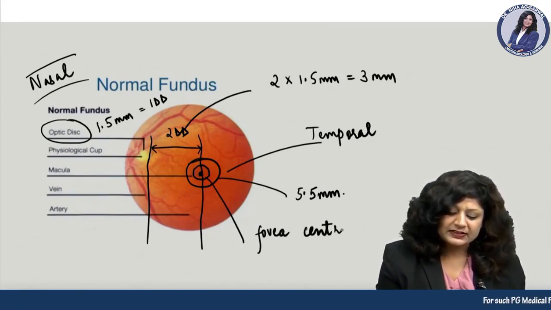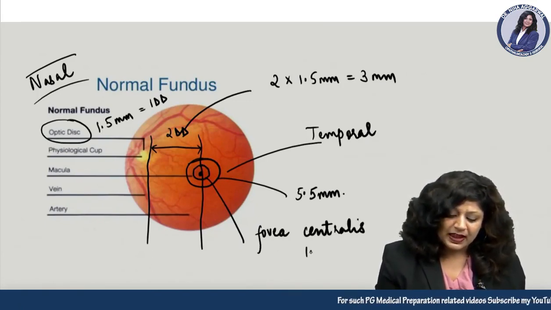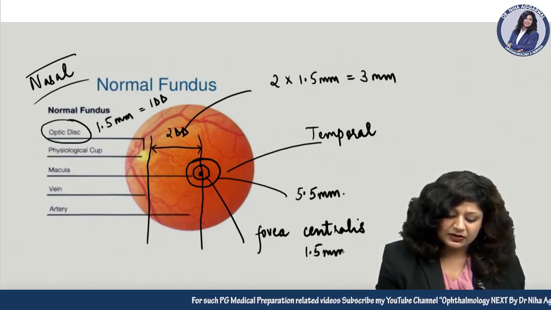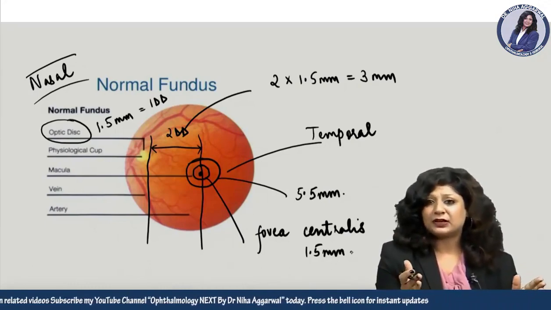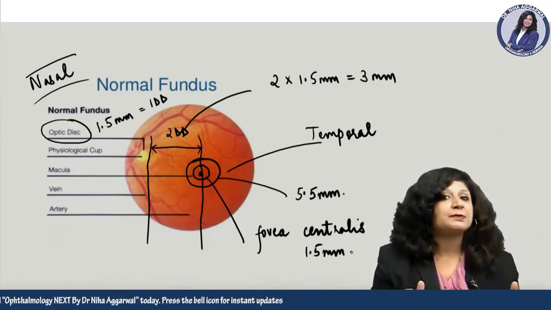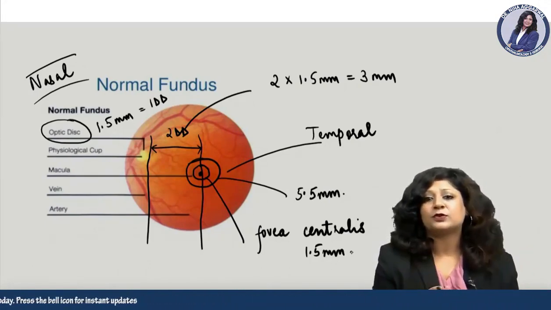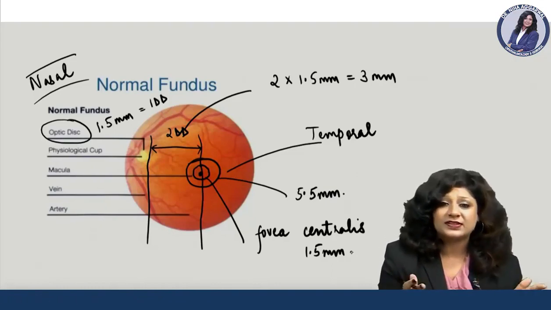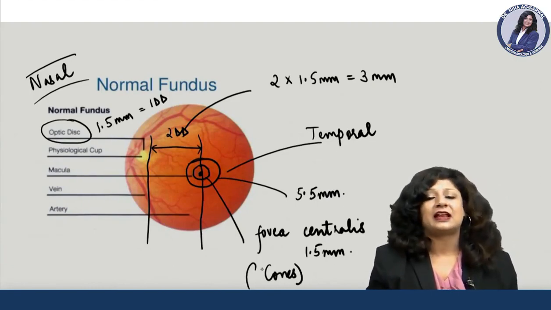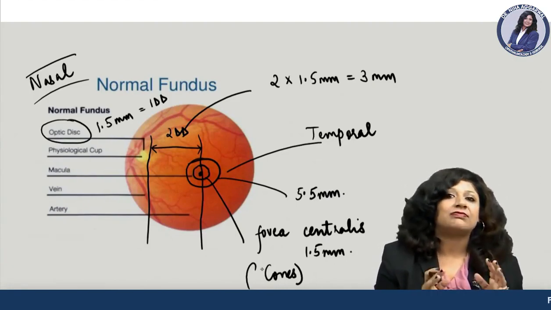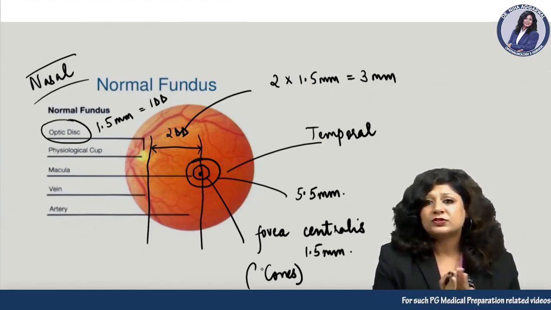Fovea centralis is again important, having 1.5 mm diameter, because this is the most sensitive part of the retina. The sharpest image of the object is formed on the fovea centralis. Now what's the reason? The reason is that it is densely packed with cones. Relatively no rods are present in this area.